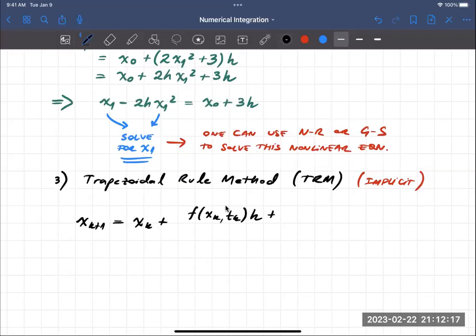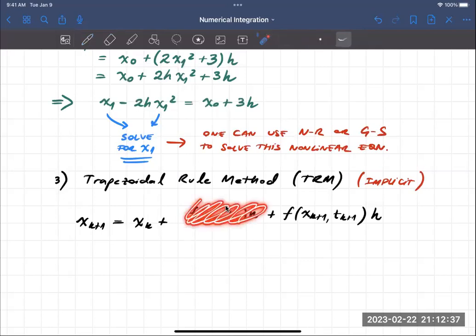We're going to add here f of x of k plus 1, t k plus 1 times h. If you get rid of this one, that would be the backward Euler method. So in this case, we're taking the average between those two. That is going to be the trapezoidal rule.